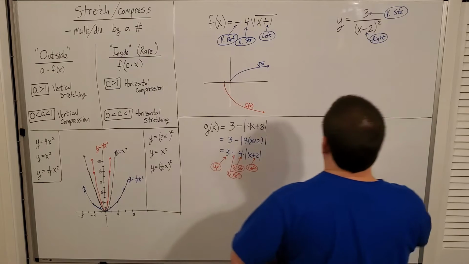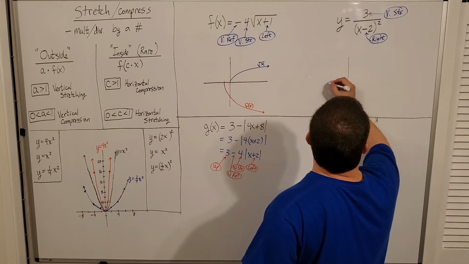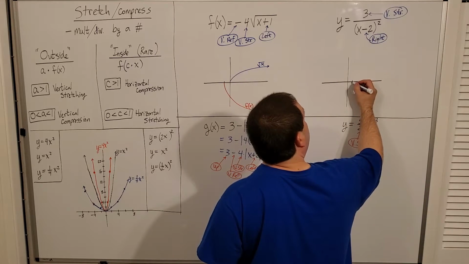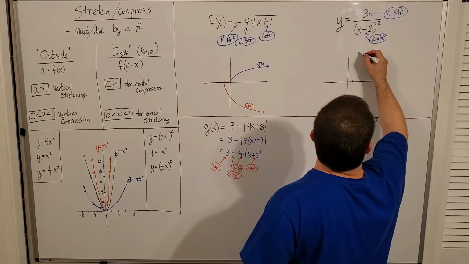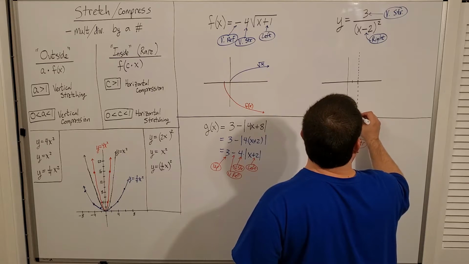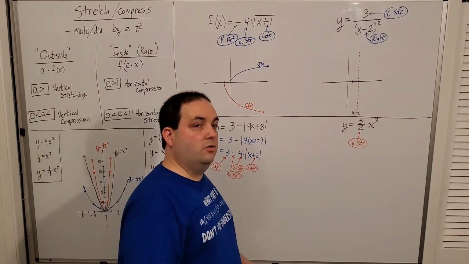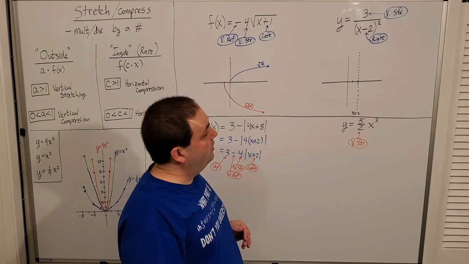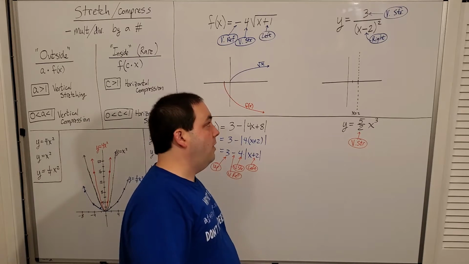Next, I'm going to shift 2 to the right, and I'm going to need a new guideline. So here I'll put my guideline at x equals 2. Notice I don't need a new guideline in the horizontal direction because I didn't do any sort of vertical shift up or down. But what I did get is a vertical stretch.